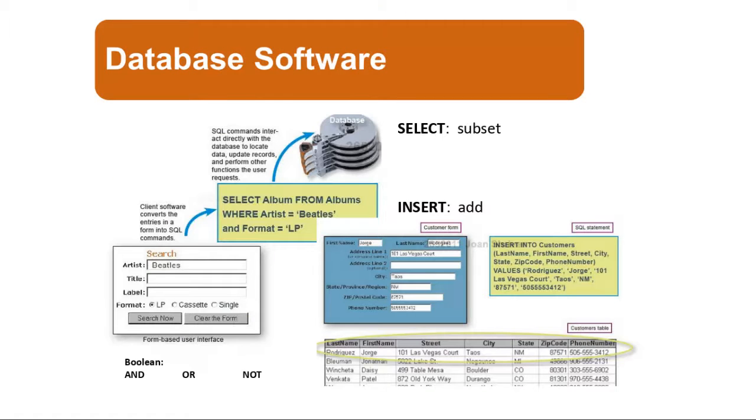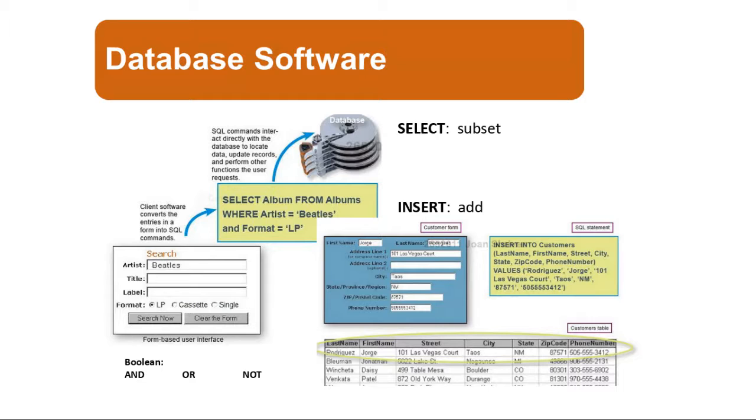This is what it looks like for us to understand, because if you were working inside the database, it would look like this, just like a spreadsheet. So what we do is we use a form-based interface, user interface. You fill out this form, client software converts it into an SQL and talks to the database.